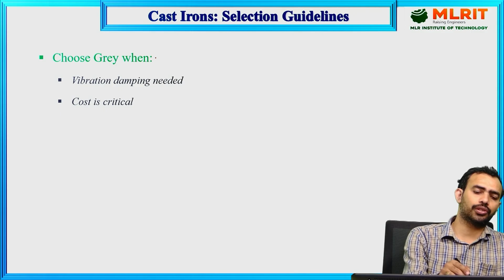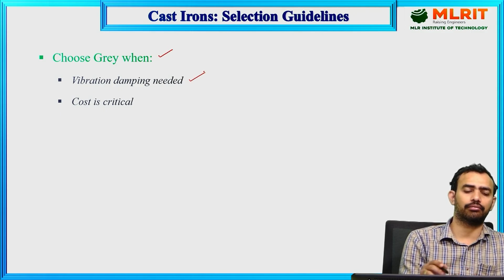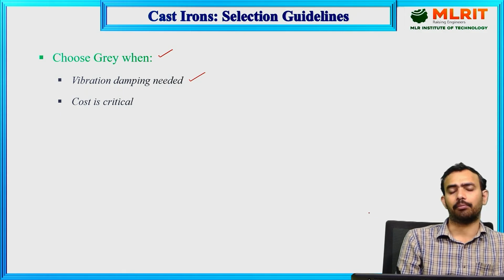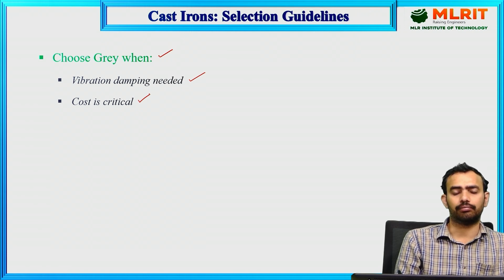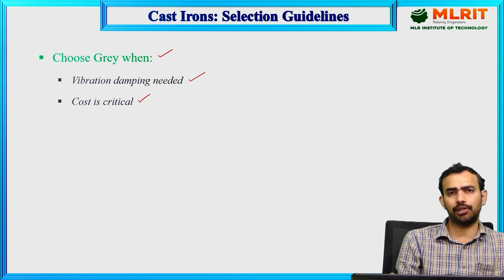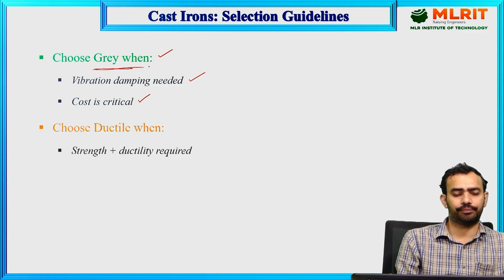We have to choose gray iron when our primary agenda is very good vibration damping and cost is critical, as gray cast iron is very inexpensive among all the metals. If you are looking for a less expensive metal that also offers very good vibration damping, your first go-to is gray cast iron.